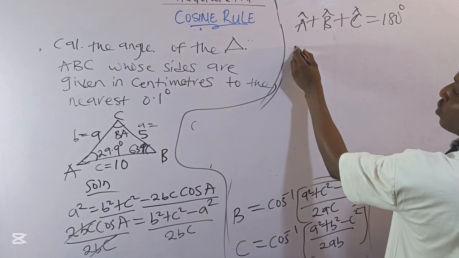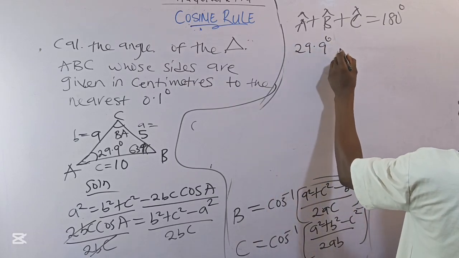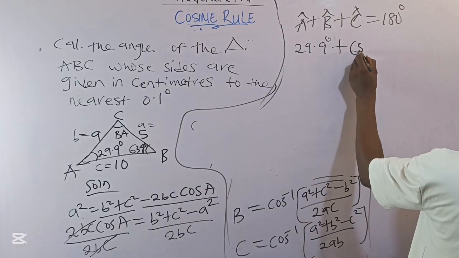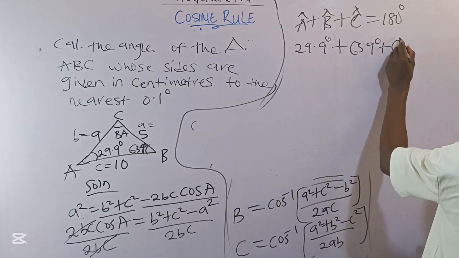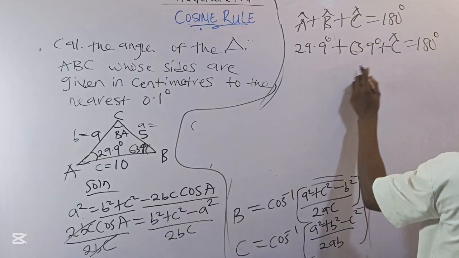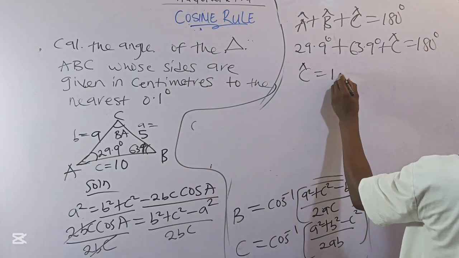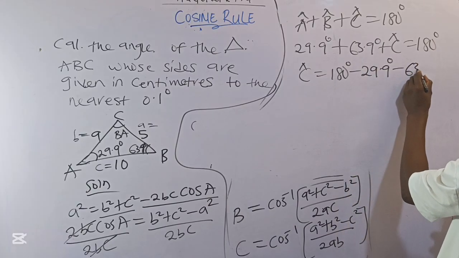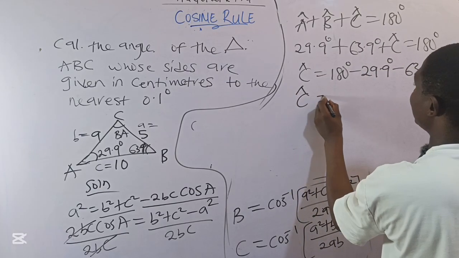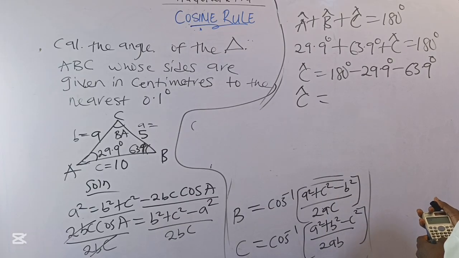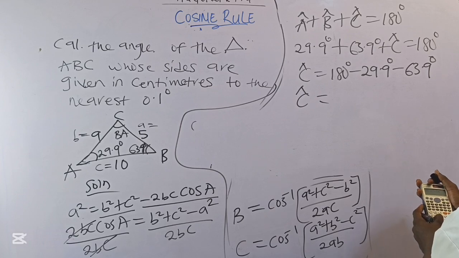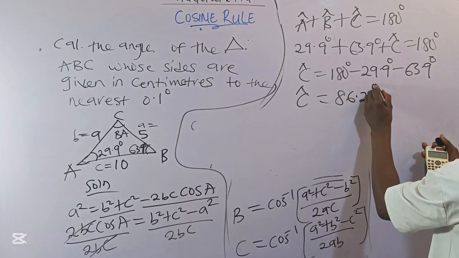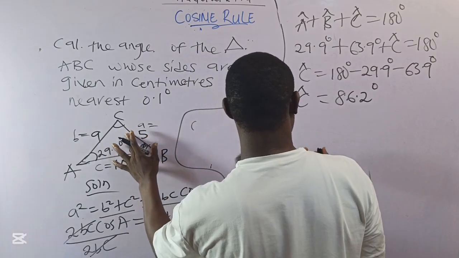I've gotten my A as 29.9 degrees, plus my B is 63.9 degrees, plus angle C, which I'm looking for, all equal to 180 degrees. So angle C will be 180 degrees minus 29.9 minus 63.9, and that will give me 86.2 degrees.